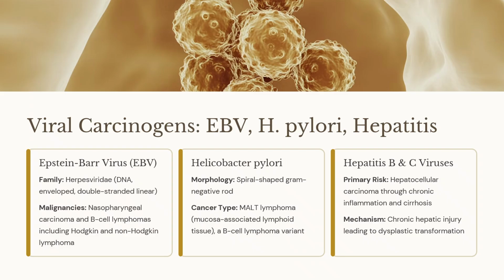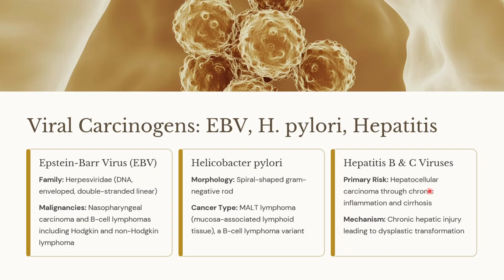What about viruses and carcinoma? It is a common fact that hepatitis B and hepatitis C viruses can cause hepatocellular carcinoma through chronic inflammation and cirrhosis. Initially it will start with chronic inflammation, then progress to cirrhosis, and then result in hepatocellular carcinoma.